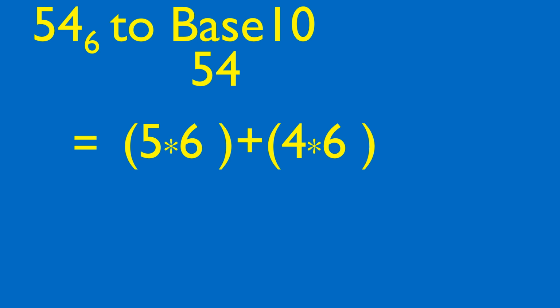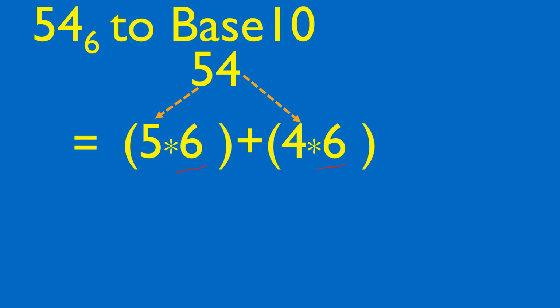We have 5 times 6, that is that 5 there. We're multiplying it by the number base, and you know the number base is 6. And then we're now multiplying 4 by the number base 6.